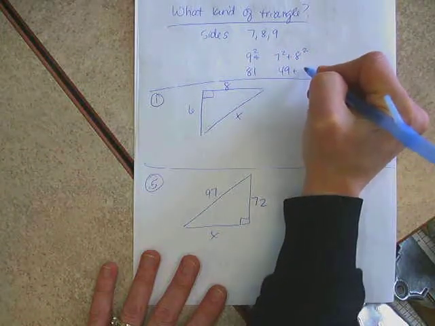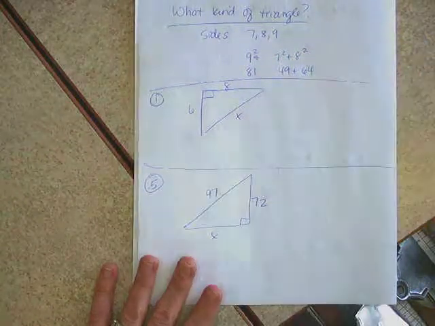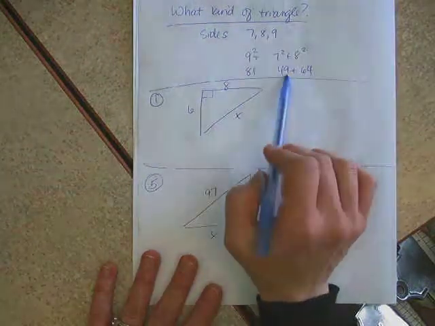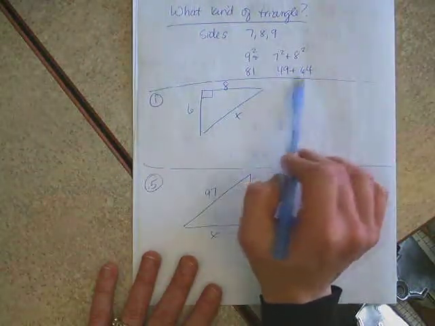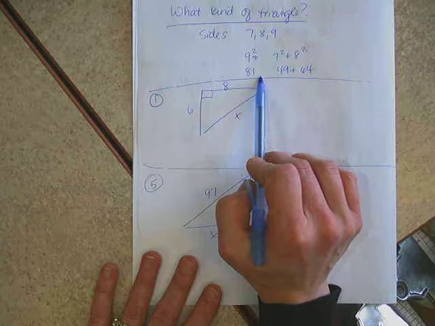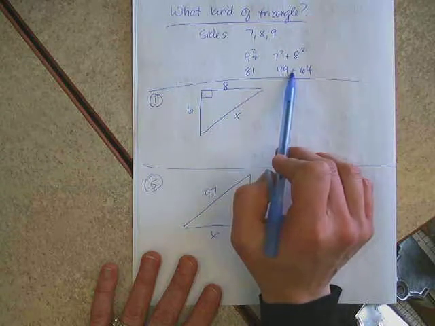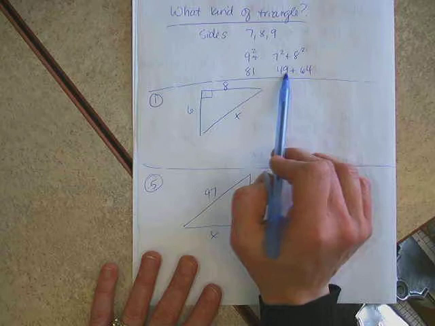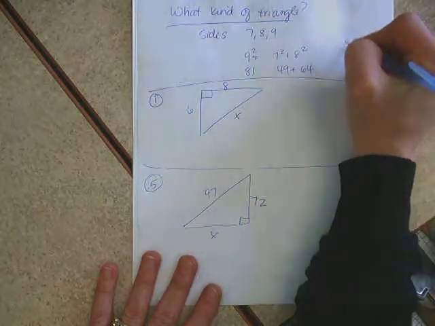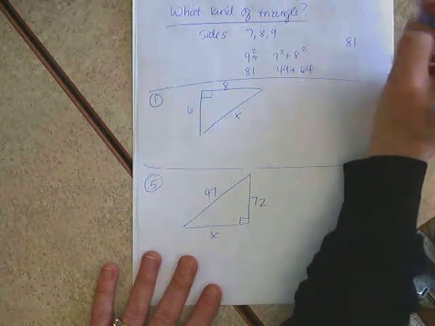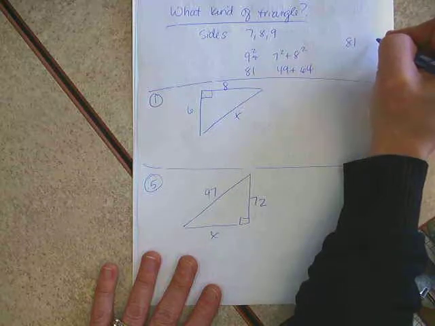So we'd put 9 first. So you'd have 81, 49, and 64. Okay, you can already tell that c squared is going to be smaller than the sum, right?